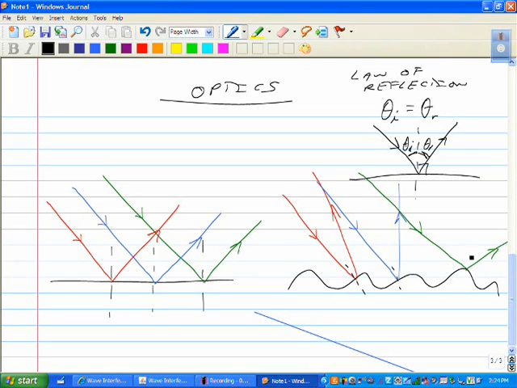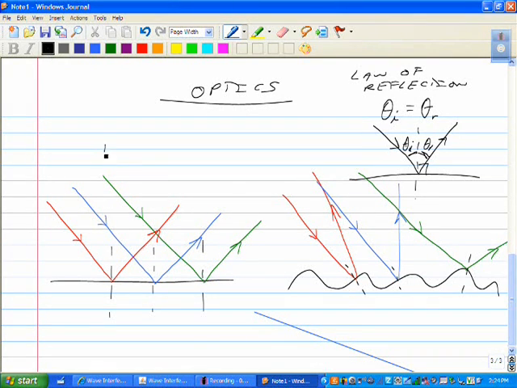Now look. They come in parallel. Do they leave parallel? No, because the surface isn't smooth. They still follow the law of reflection, but because of the bumpy surface, the normal's constantly changing, and so parallel lines coming in leave not parallel.